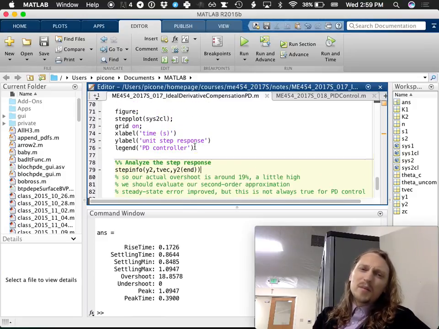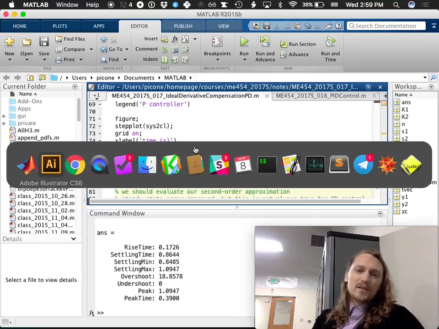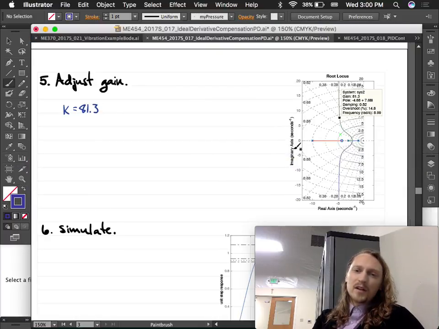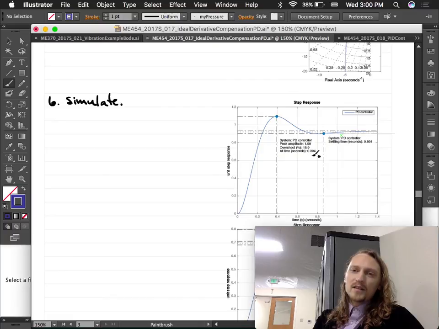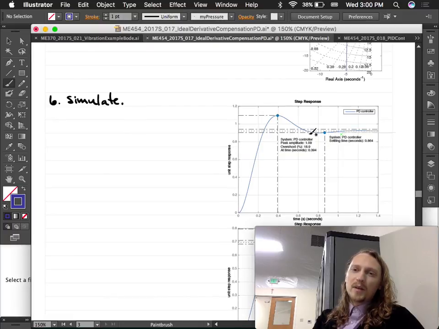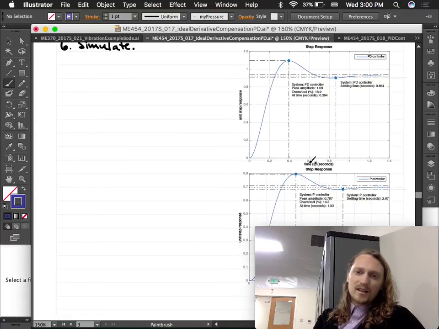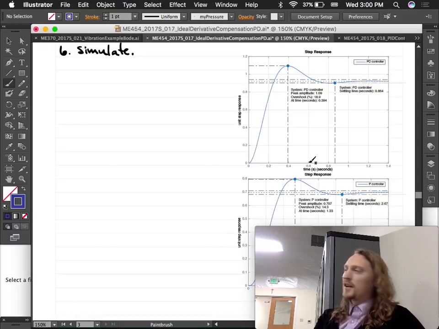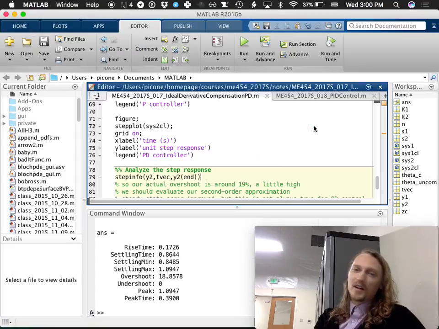I think you can use step plot to show you those, and that's what I used to create these two plots. I think you have to pass an argument to make it print out all those things, though I don't remember having to. It could have changed, since I have a newer version of MATLAB than I had before. Somehow you can get them to print out there, or you can just use stepinfo to have it print out.